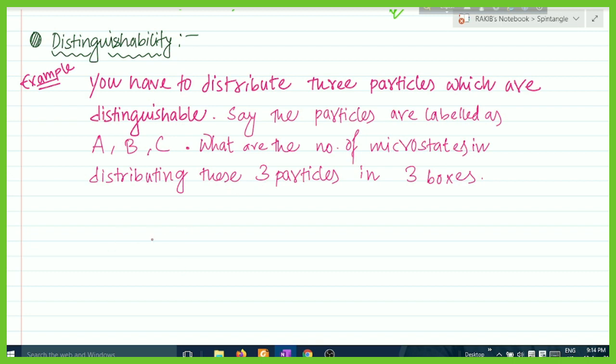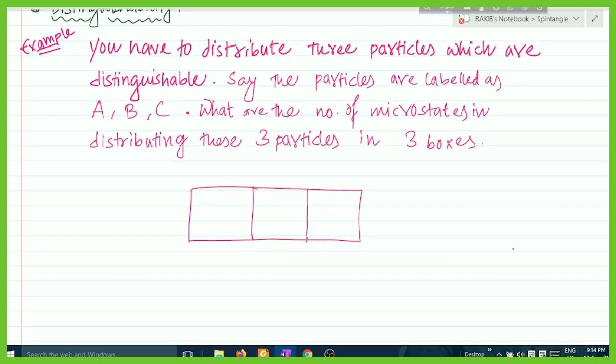Okay, let you have three boxes. Say this is a system in which there are three compartments in which you have to distribute these particles.